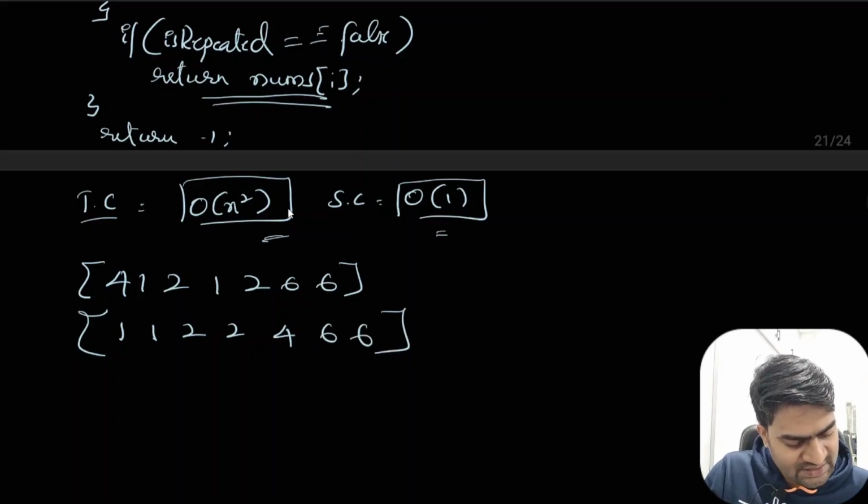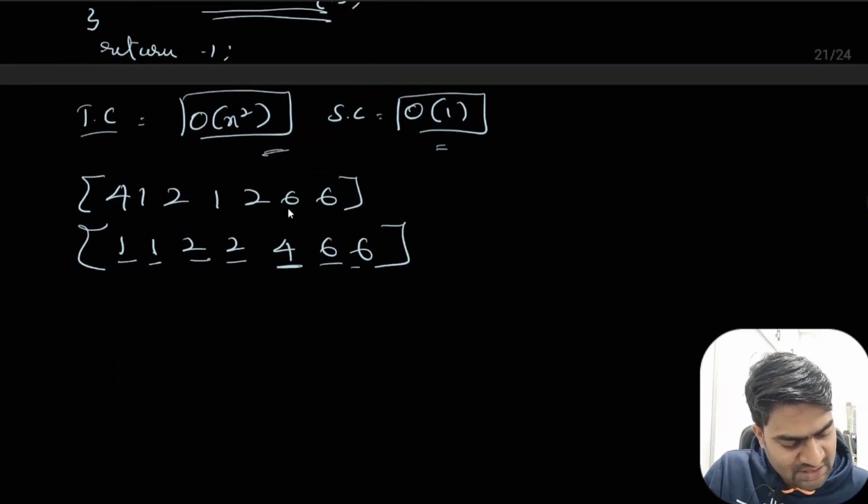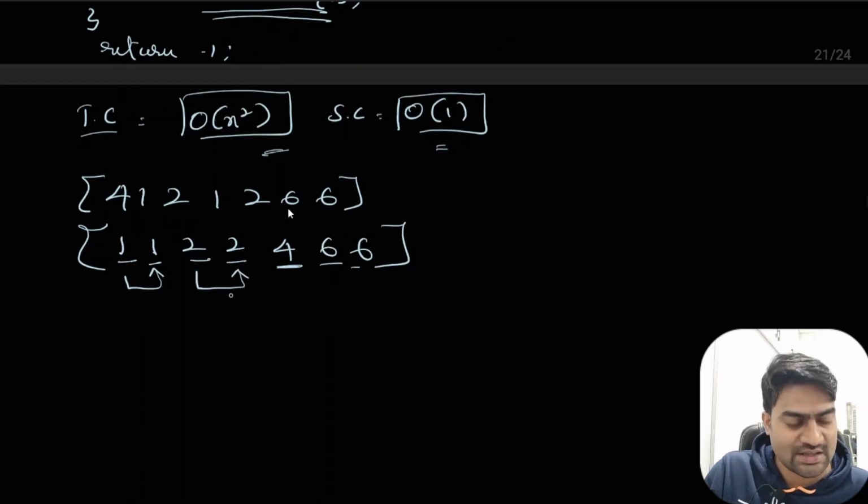So if you see, this number appears twice, but this number does not appear twice, while the other two numbers again appear twice. If that is the case, how will I compare? I will compare this number with this number. If it is the same, I'll continue and move to the next number. Then I will compare this with the next number. If they are the same, I will continue.